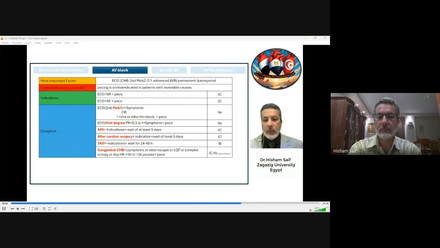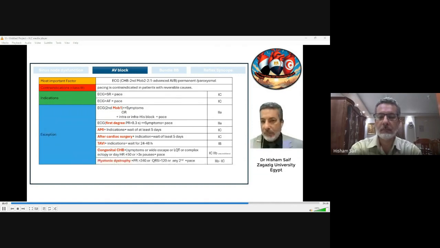First, the development of symptoms, then wide escape rhythm, long QT due to slow rate, complex ectopic beats, which can be induced by bradycardia, or a daytime heart rate less than 50 per minute, or long pauses more than triple the escape cycle length. Some authorities argue that all patients with congenital complete heart block need pacing, but with a class 2B indication.